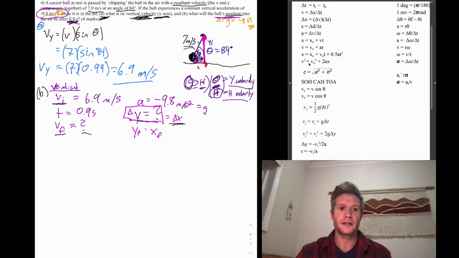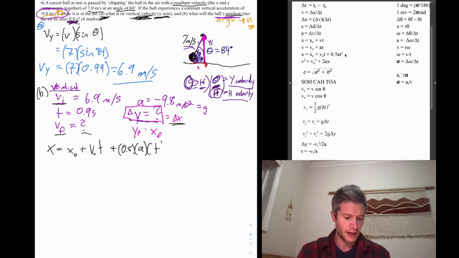Final velocity, initial velocity, it's looking okay because we have this x, or change in position, over here, but we don't have a final velocity, so we can't use that one. So we got one more. Let's hope this is the one. Okay, so let's take a look here. We have x equals x naught plus the initial velocity times time plus half times acceleration times time squared.